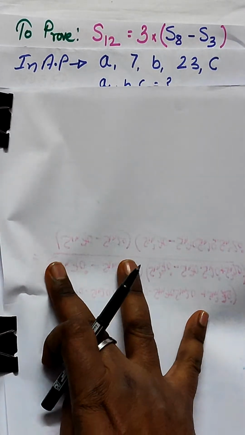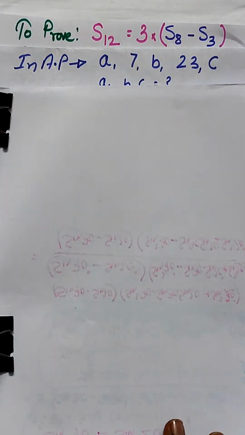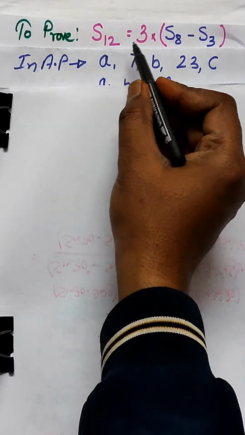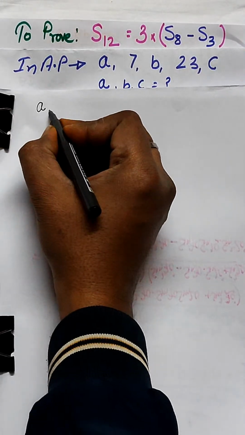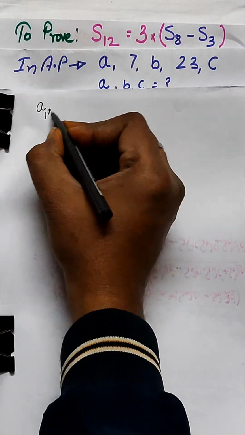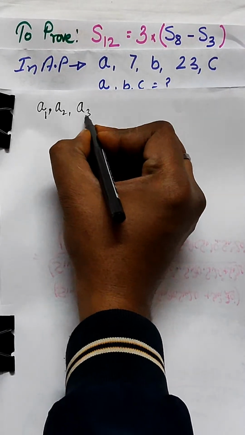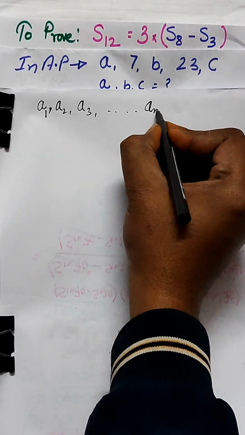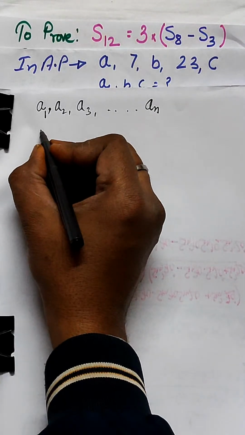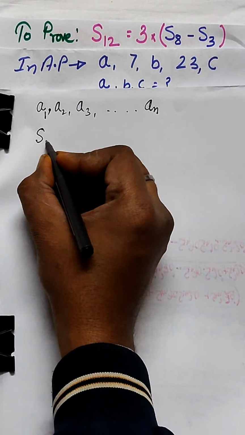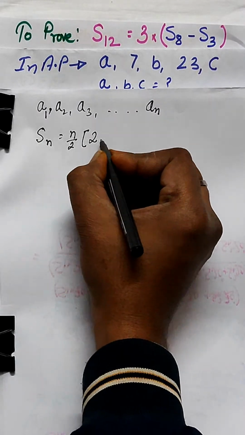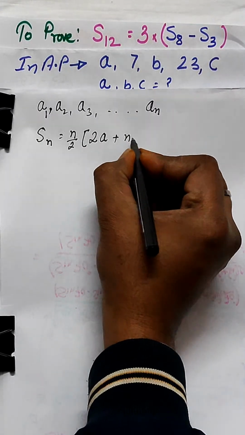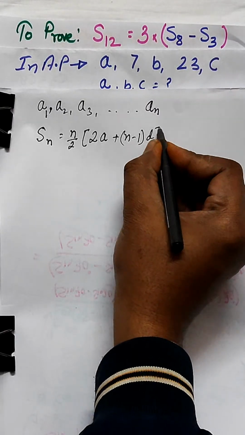So we are going to solve the first question shown over here, that is S12 equals 3 times (S8 minus S3). So if the AP is A1, A2, A3 till AN, we know the formula of the sum of n terms of an AP: Sn equals n by 2 times (2a plus (n minus 1) into d).